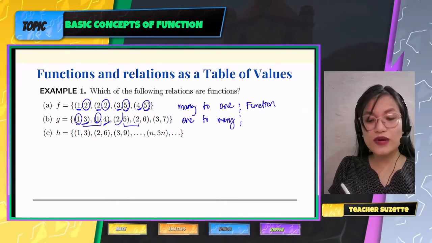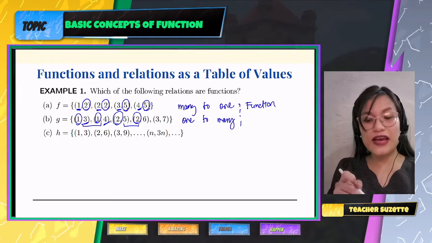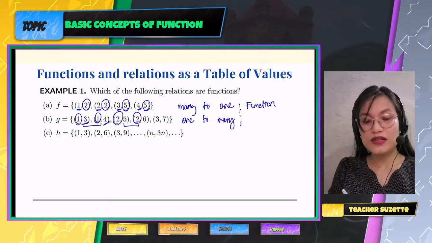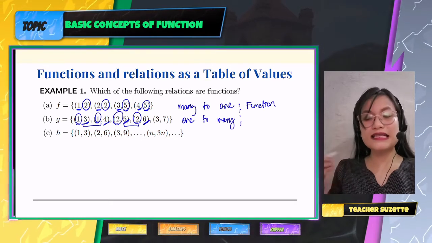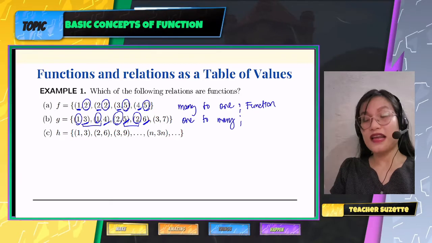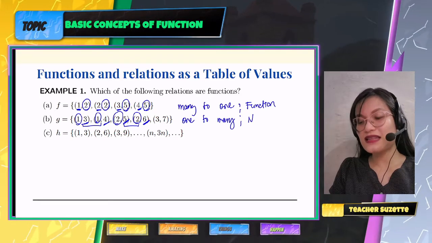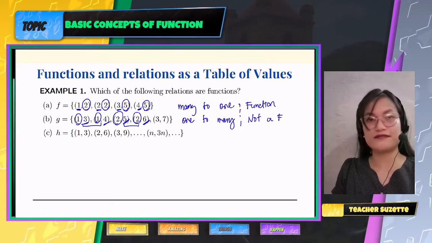You have 2 and 5. For the number 2 under your x, meron kang output na 5 and 6. So therefore, this is an example of one-to-many relation. So therefore, this is not a function but only a relation.